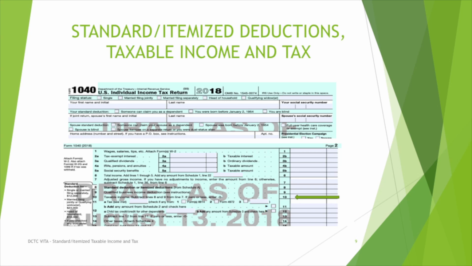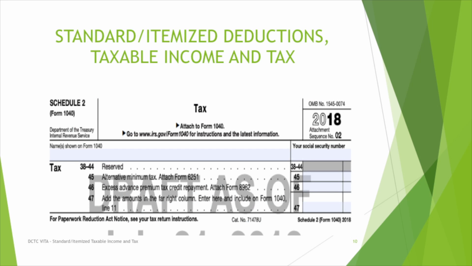You will notice line 11B, add any amount from Schedule 2. Well, this slide is the Schedule 2 tax schedule. Line 46 on this schedule has to do with the Affordable Care Act, excess advance premium tax credit repayment. I will address that in full in an upcoming lesson on ACA, or the Affordable Care Act.